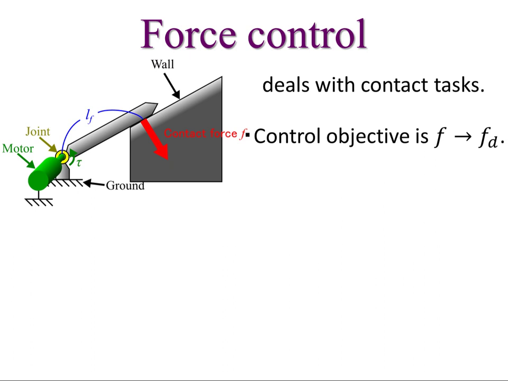The purpose of force control is to make the force applied by the robot to the object a desired force. Therefore, the control objective is to make the actual force F converge to the desired force Fd.